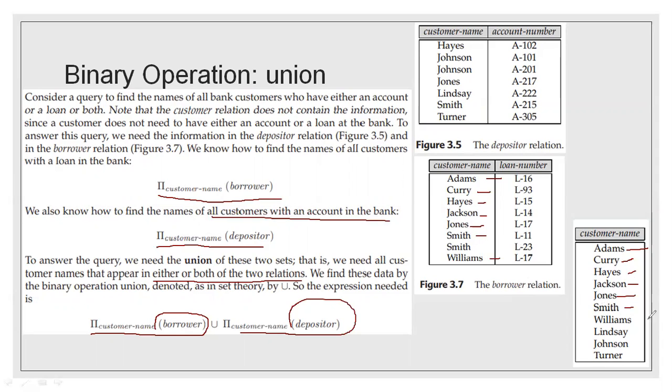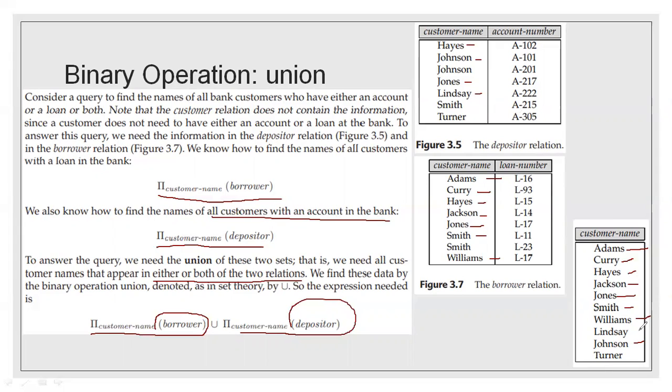Then Williams. Then here you can see Hayes, but Hayes is already there, so eliminated. Johnson, yes, Johnson is taken. Then Jones already taken, eliminated.